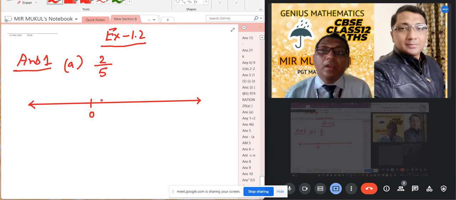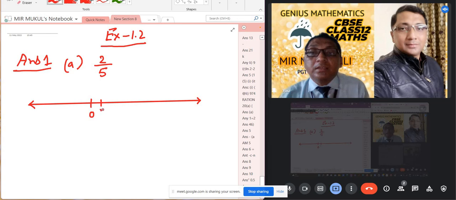Denominator is 5. So 1 centimeter distance you will mark as 1 by 5, 1 centimeter again take 2 by 5, then 3 by 5, then 4 by 5, and next one is 5 by 5, which will be 1. Make this one a little bit dark.